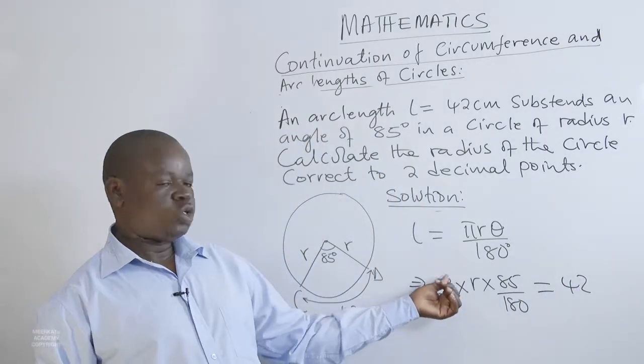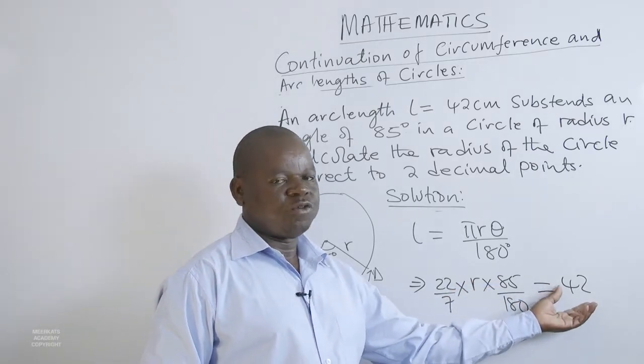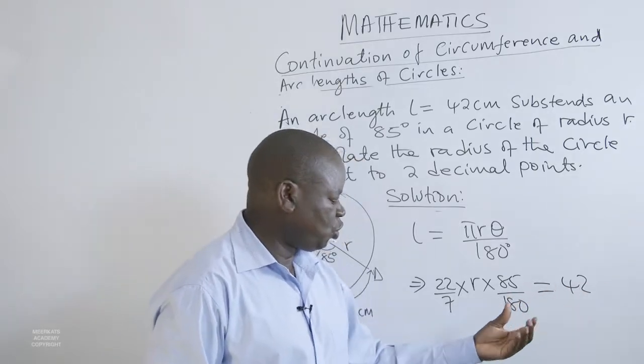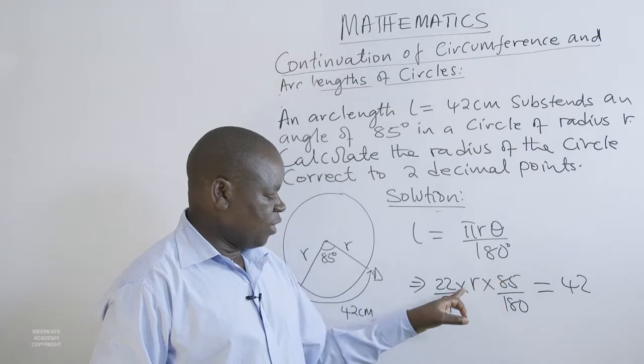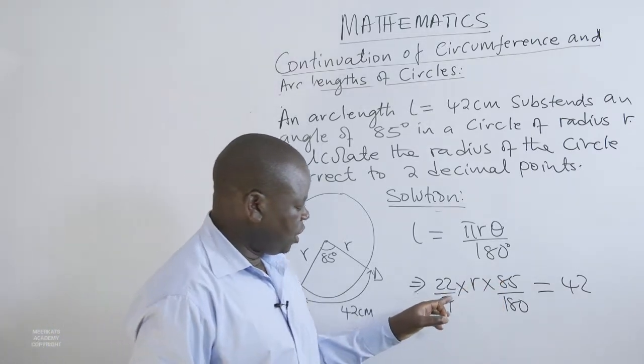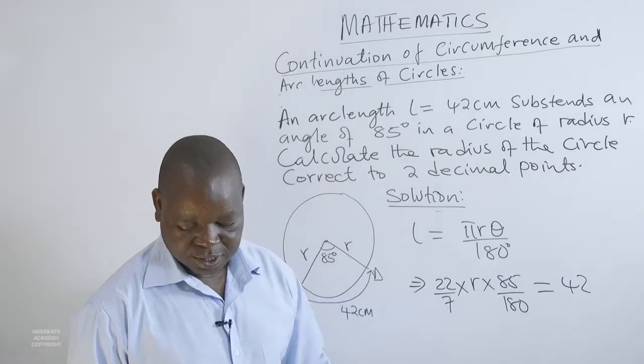So we get 22 over 7 times r times 85 over 180 is equal to 42. This is the first basic substitution that will lead us into getting the value of r. So we do the basic multiplication so that we are able to get r.